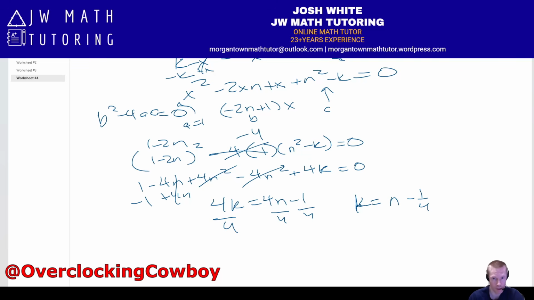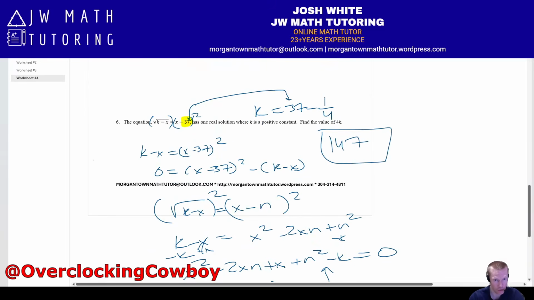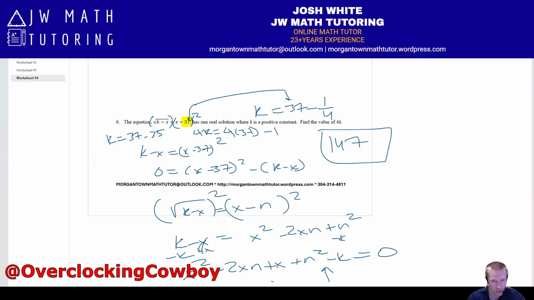So it's always going to work out like this. That's basically a shortcut you could take here. So again, you could just memorize that k would be equal to 37 minus 0.25. Or you could remember 4k is always going to be equal to 4 times the number minus 1. Okay, and you could go ahead and get it that way.